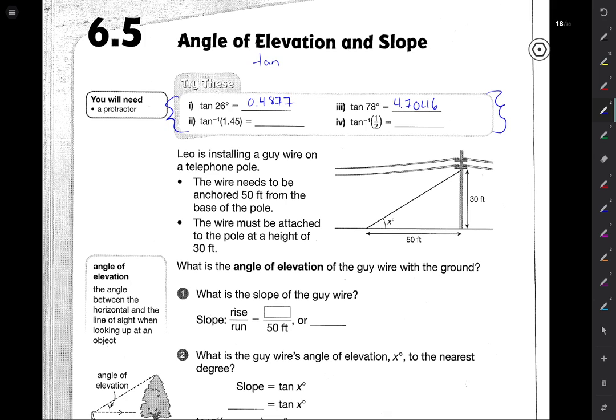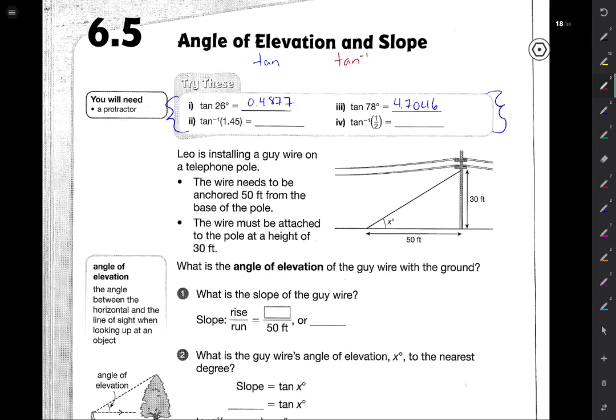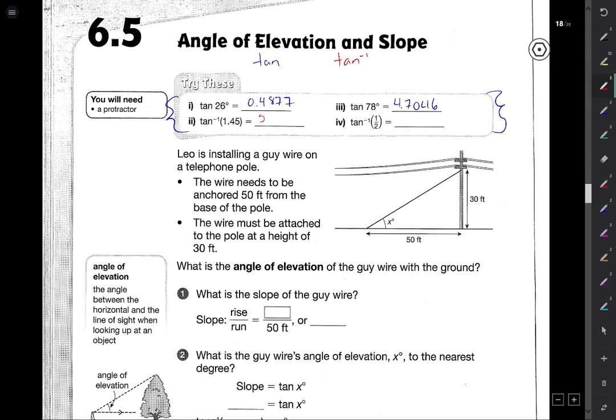Now for the inverse tan questions, make sure you're looking for the tan -1 button on your calculator. There might be an X after it, or maybe a blank space like a square, but make sure you're looking for the one with the little -1 exponent. That is the inverse tan. If you do inverse tan of 1.45, you should get 55.407.